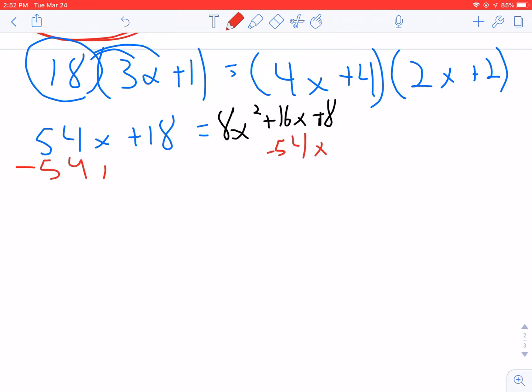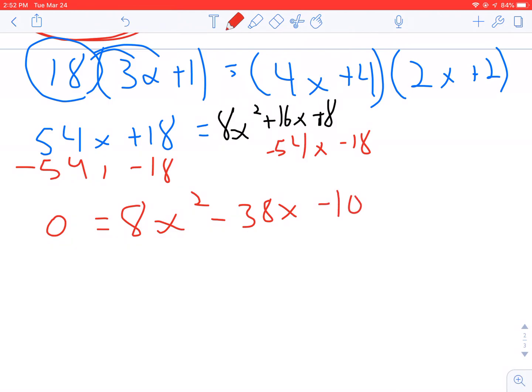When I do that, and I minus my 18 from both sides, I have 0 is equal to 8x squared minus 38x minus 10.